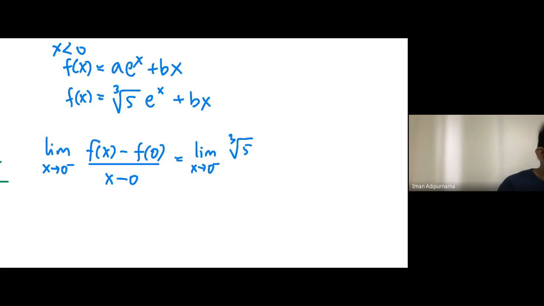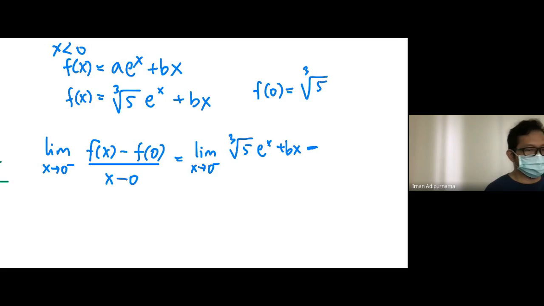Oh no, that's the other one. Sorry, I mean for the f of 0. So minus the f of 0. F of 0 is this, right? Okay, so we can just write this over x.